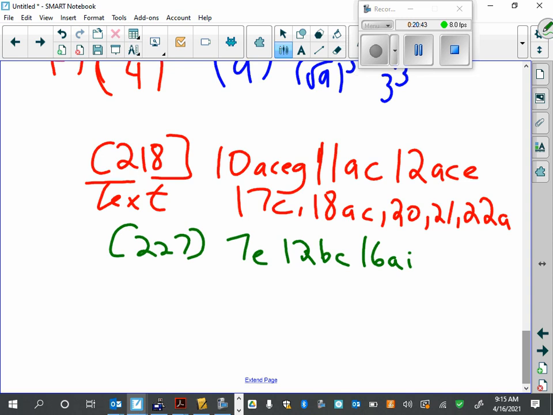And then the page we were just on, I'm going to give you two as well. Page 233, 7B, 9F.